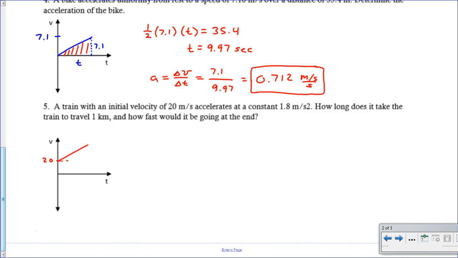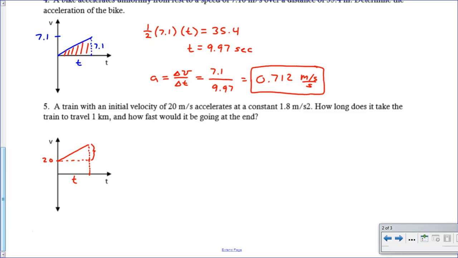Things that we know here: it's going to be going for some amount of time, which we'll call t. And we also know that this section here, just this part of this triangle, is our change in velocity. I'm going to put a little set of brackets there so you can see specifically what I'm talking about.